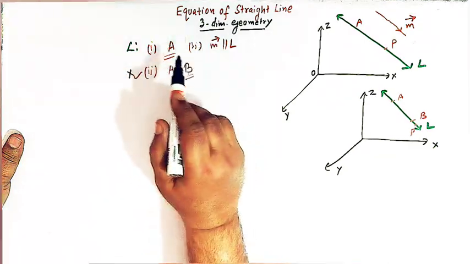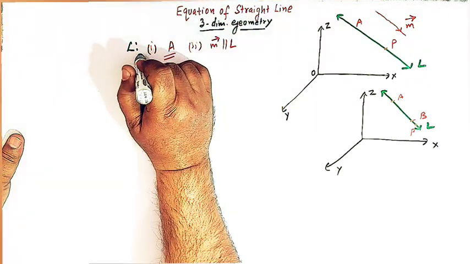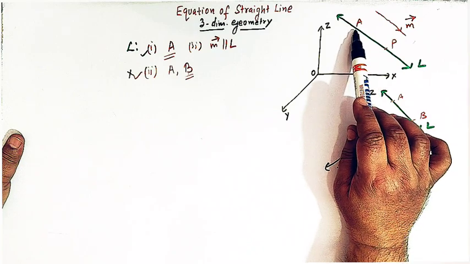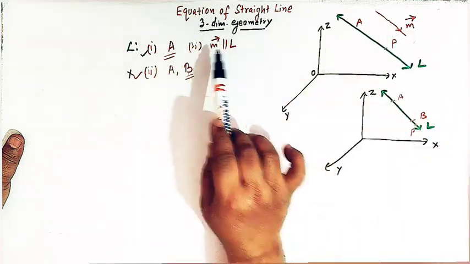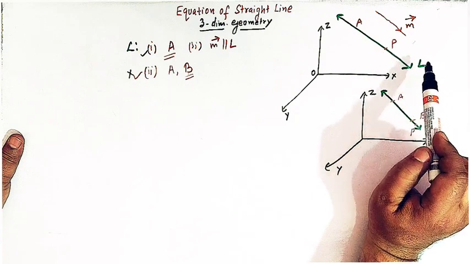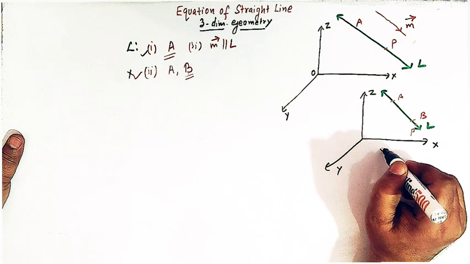We'll derive the equation of a straight line using the first condition, knowing the point A and a vector M which is parallel to the line L.